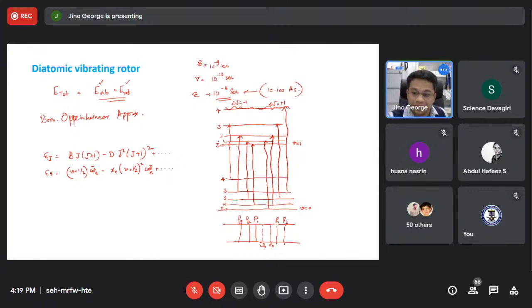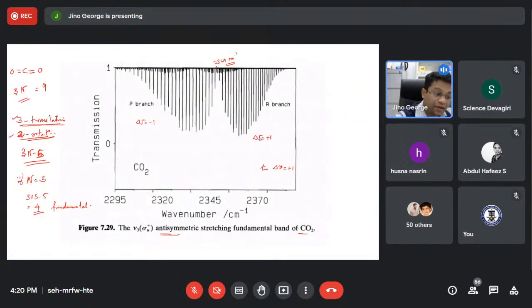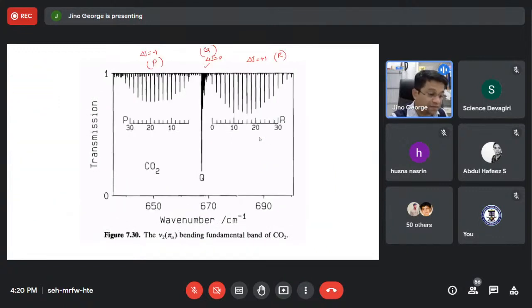I can represent this way: 0 to 0, then 1 to 1, 2 to 2, 3 to 3, etc. All this comes up. Normally this appears when the vibration or oscillation happens perpendicular to the principal axis for linear molecules.